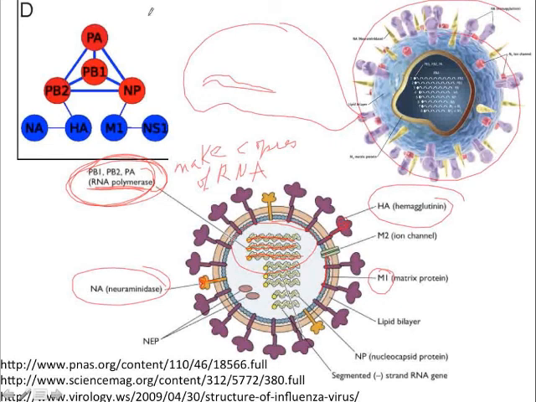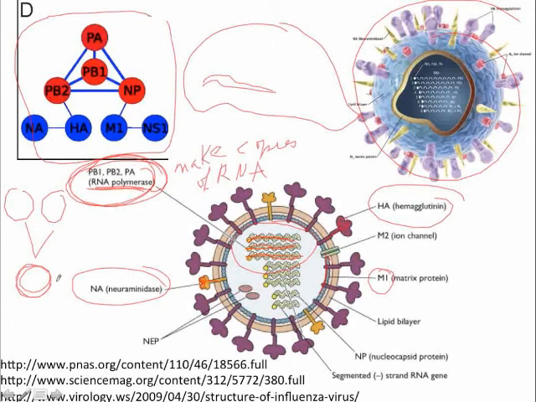What this tells us is that when you mix the 2 viruses together to create this 3rd virus right here, the RNA polymerase genes are likely to come together.